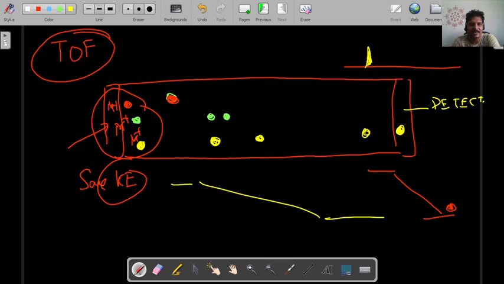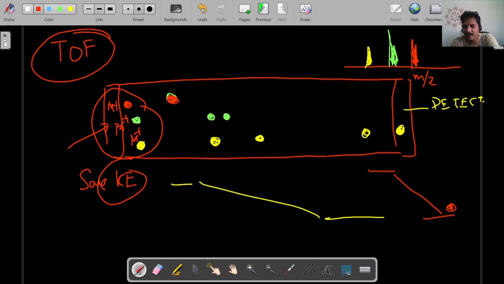Then your green reaches the detector. I will make a peak for it. The green reached the detector. Then your red reaches. I will make a count for this. So this will be according to the mass to charge ratio. This particular technique is called a time of flight mass spectrometer.